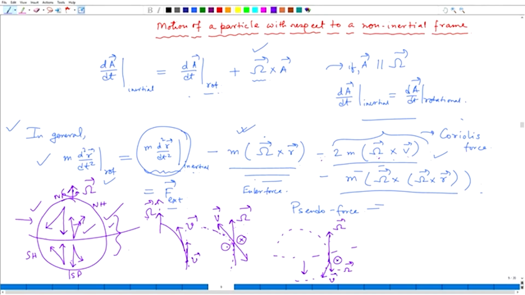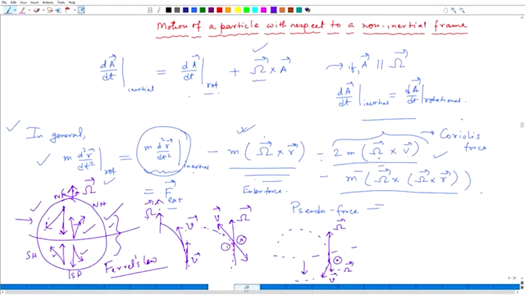Here it is also deflected towards its right, because when it is moving in this direction, this is its right, and in the southern hemisphere it is deflected towards the left, and this is also true here, and this is known as Ferrel's law. Okay. And Ferrel's law can actually determine the direction of the air current and the wind, of course, which are moving on the surface of earth.